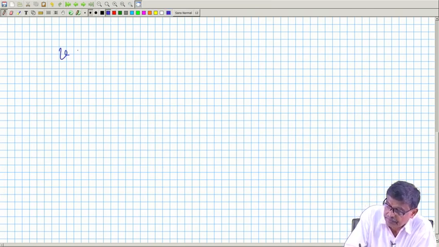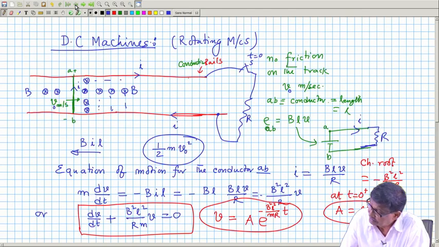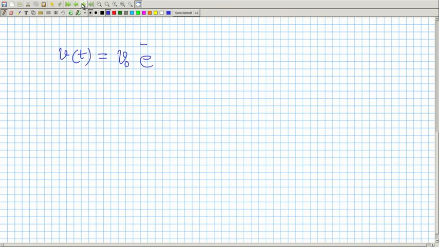velocity of the conductor at any time t is V0 into e to the power minus B square L square by mR into t.